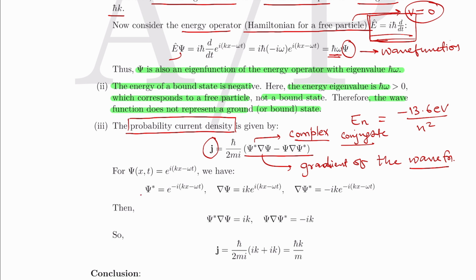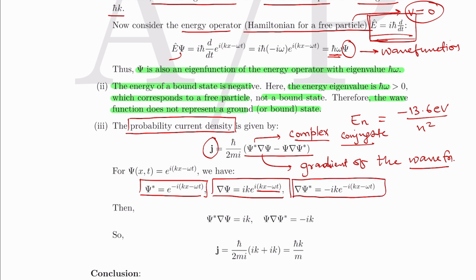For the complex conjugate we replace iota with minus iota. So when you find the derivative of psi, you get iota k exponential iota (kx minus omega t). Similarly, you can move forward for the derivative of the complex conjugate of the given wave function, which is minus iota k exponential minus iota (kx minus omega t).